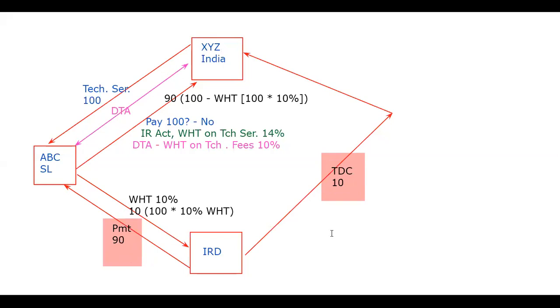Then in practice, both certificates are taken by the ABC company. They will share both certificates with the respective Indian company, because IRD does not send them to the Indian company directly. That is the practical scenario. From the theory perspective, I just put a diagram in order to understand well.